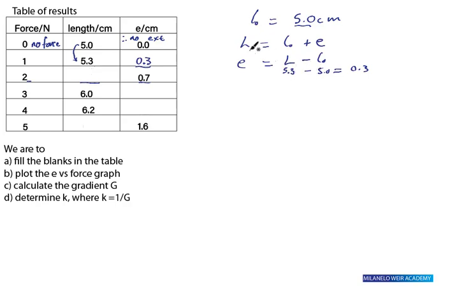But I just wanted us to use the formula. This is the formula: L is equal to L naught plus E, which is 5.0 plus 0.7, so it's 5.7.